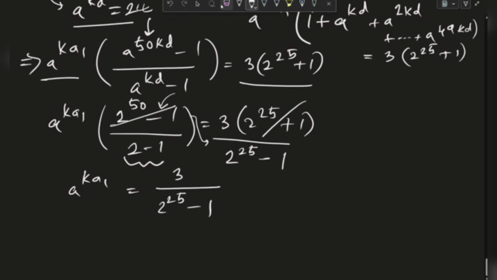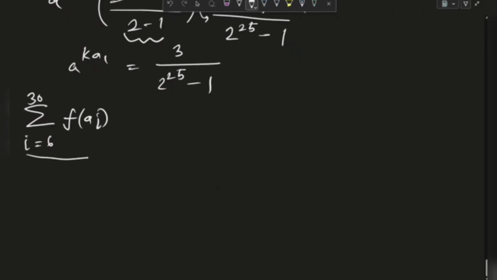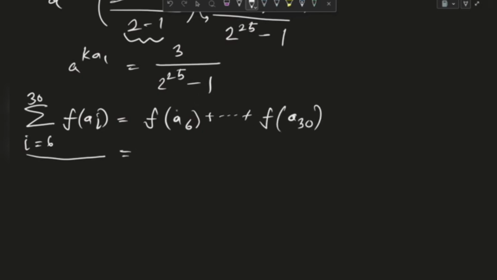Now we will proceed with the last result. This is basically what we are required to find: f of a6 plus up till f of a30. Now there are a total of 30 minus 6, 24 plus 1, 25 terms here. So basically this is also a GP.